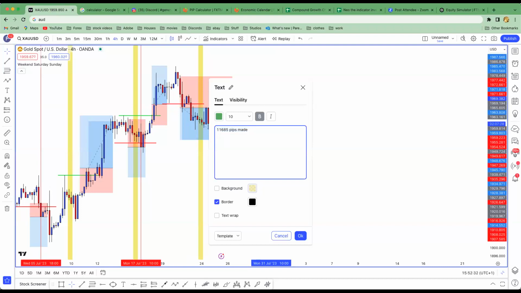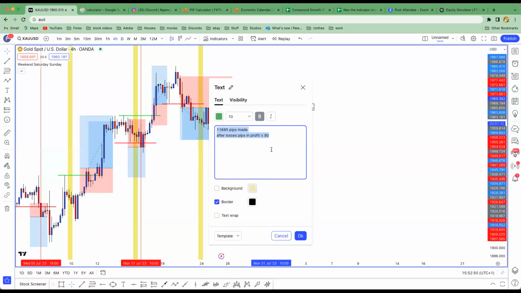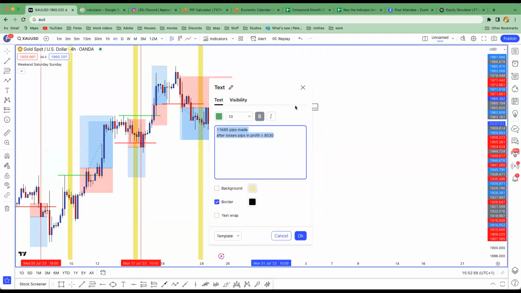So I'll just put pips made after losses, profit, pips in profit is or equals 8,000. Is it 8,000? Pips 303. Yeah, there we go. 303. There you go. So if anyone wants to work out the win rate, they are entitled to do that.